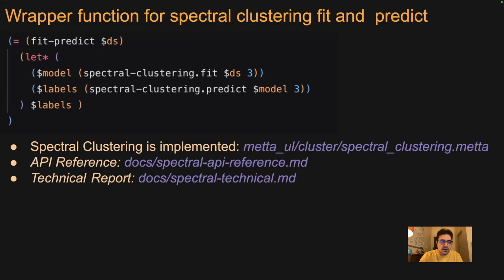And we define a wrapper function, fit-predict, here that calls fit and predict sequentially and returns the labels. You can view this spectral clustering.meta file in the repository to see the implementation details. Also for API reference and technical reports, view these MD files in the docs section of the repository.